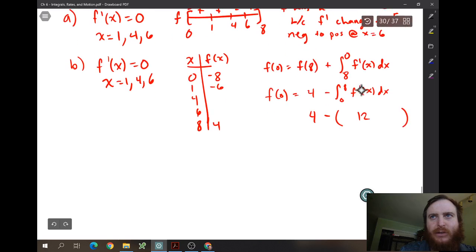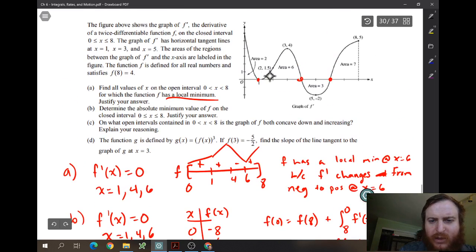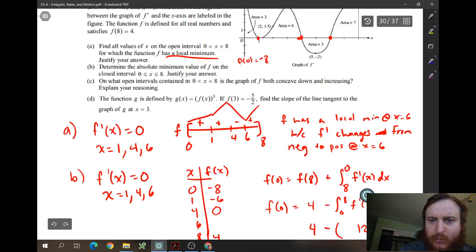So f of 6, we should get, oh, sorry, I'm at 4. That's my fault. f of 4, we should get to be 0, right? That's where I messed up, I just said it wrong. So f of 0 we now know is equal to negative 8. I need to add 2 to get this one, and add 6 more to get this one, so I'm at 0. Now at f of 4, we're at 0, right?